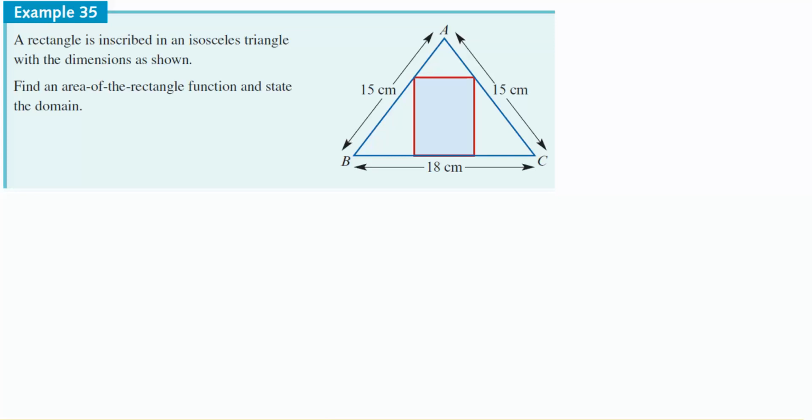And it's isosceles. There's a hint when they tell you it's isosceles.